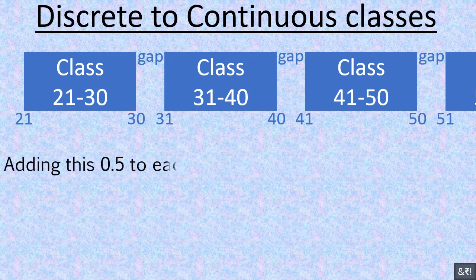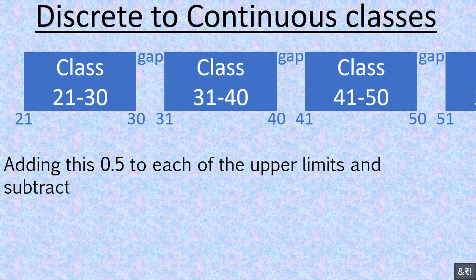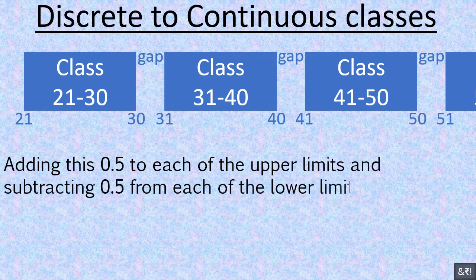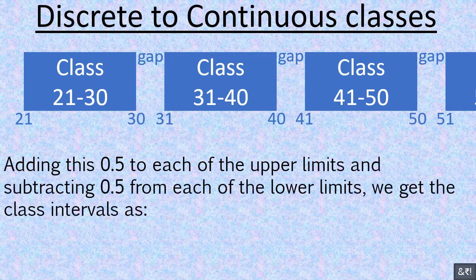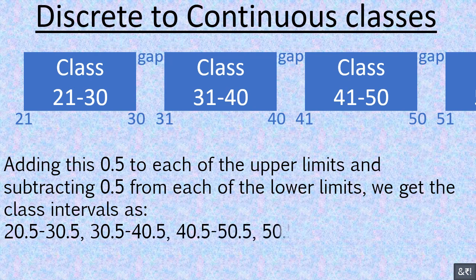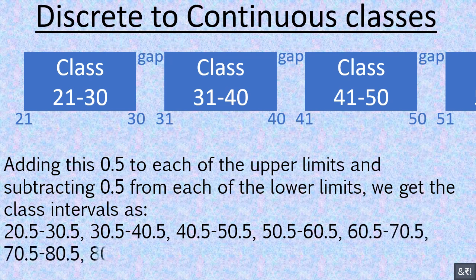Adding this 0.5 to each of the upper limits and subtracting 0.5 from each of the lower limits, we get the class intervals as 20.5 to 30.5, 30.5 to 40.5, 40.5 to 50.5, 50.5 to 60.5, 60.5 to 70.5, 70.5 to 80.5, 80.5 to 90.5, 90.5 to 100.5.